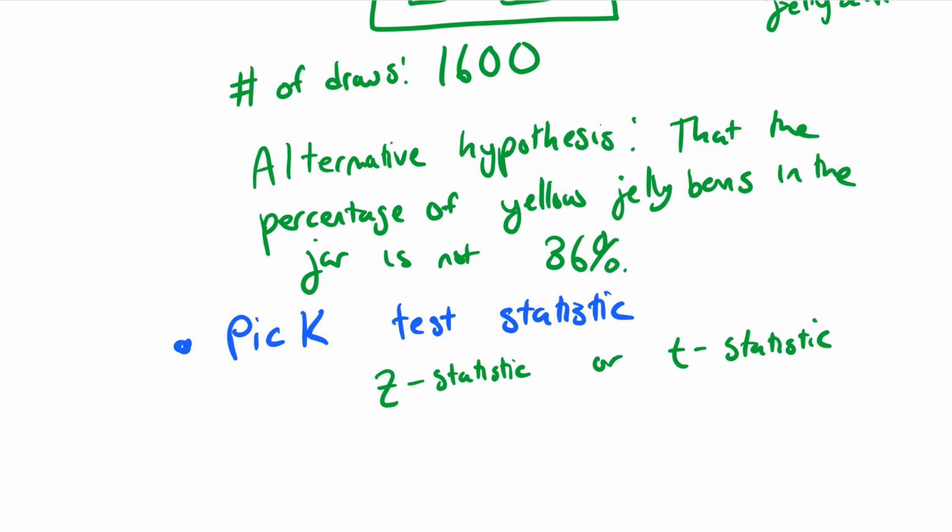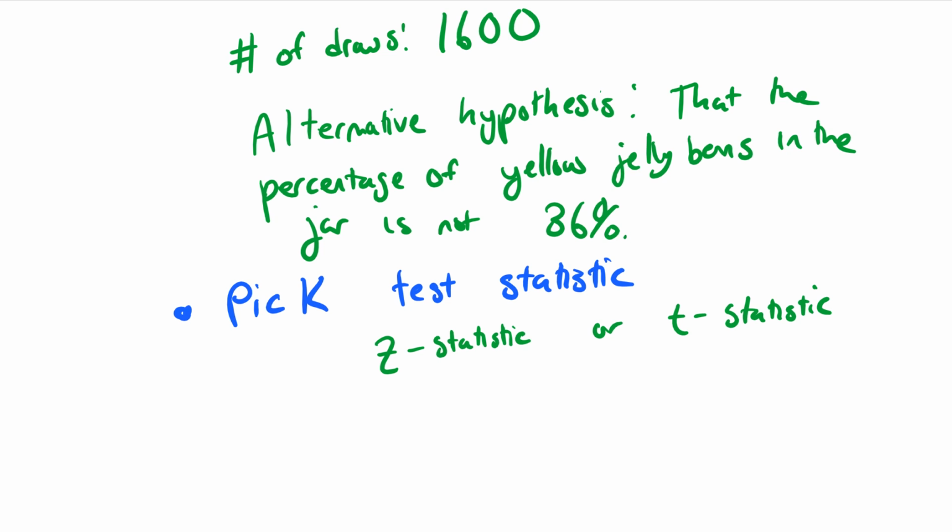Next week, I'll also introduce the chi-squared statistic. So, if we have these 2 options, which do we pick? The T statistic is for when we have less than 25 draws in our sample. This is not our case. We are taking 1,600 draws. Our sample size is 1,600, which is greater than 25. So we'll do the Z statistic.